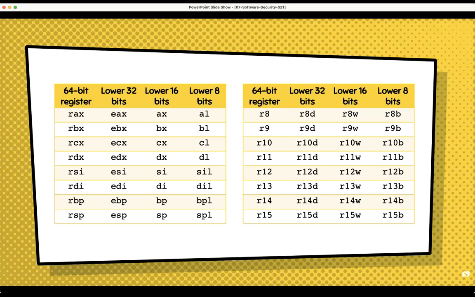You want to be aware that by the time RAX is changed, AL, AX, and EAX are also changed, because essentially RX, EX, AX, and AL are referring to the same location, just with different partitions of that location.